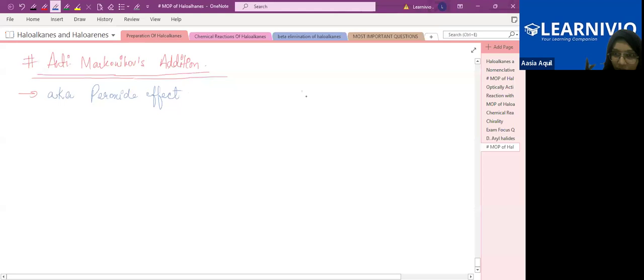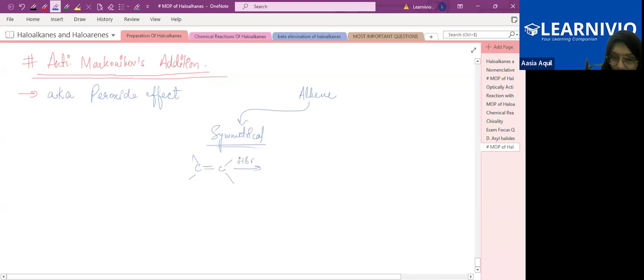If we have an alkene and it is symmetrical type, it is very easy, just like your carbon-carbon double bond. If you are doing the hydrohalogenation reaction on a symmetrical one, it's very easy for you to attach the hydrogen.